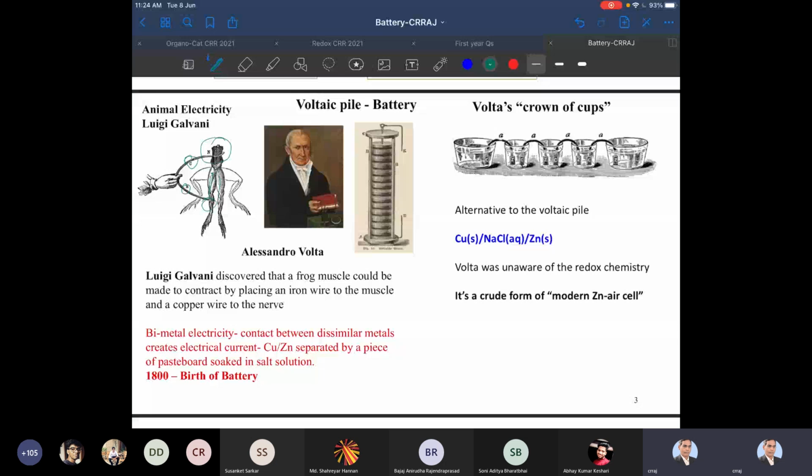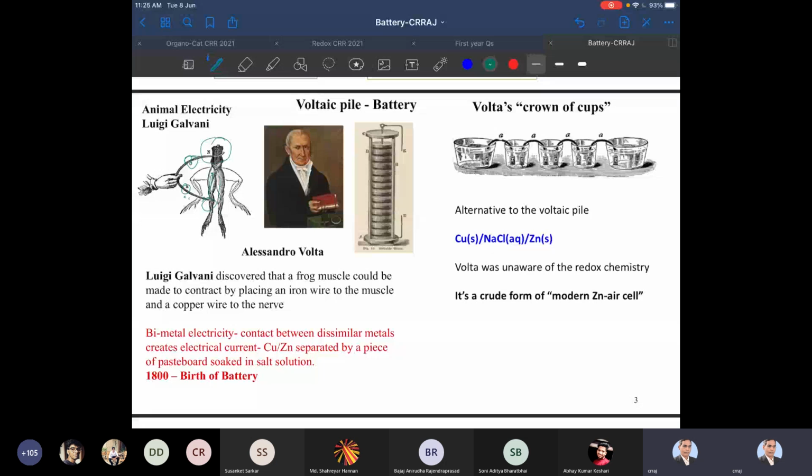They did not bother about the two metals that were connecting. Galvani said, you see, I am connecting the top portion and the bottom portion, so the frog itself carries some electrical energy. That is why when I connect it, it undergoes twitching. Your electrolyte is the fluid. There is conduction, and then you are connecting the two metal parts.